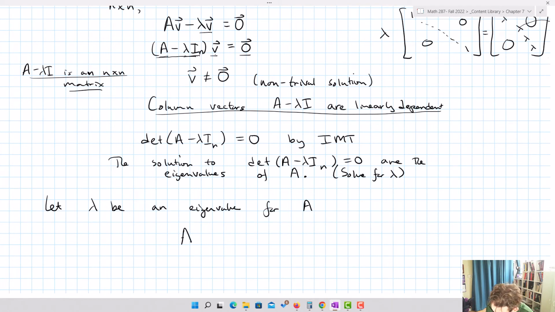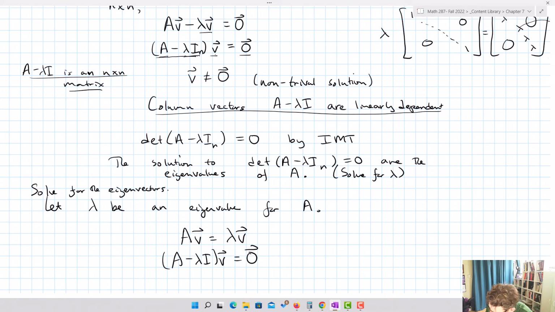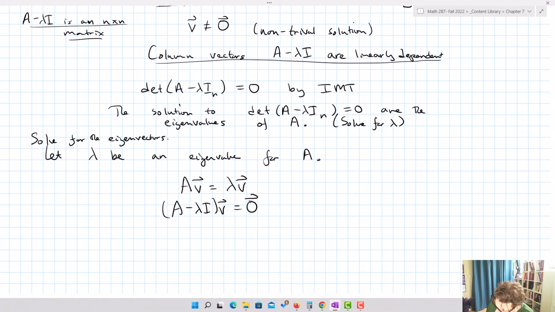Again, we've got Av equals lambda v. By the way, this is the process to solve for the eigenvectors. A minus lambda I, v, is going to equal 0, and we want to know v.